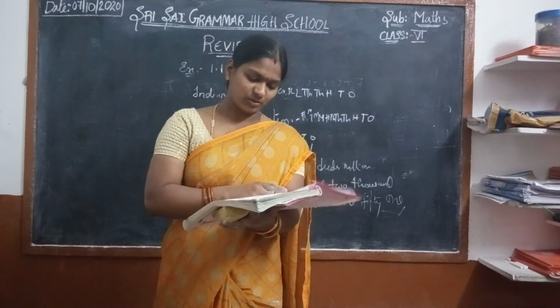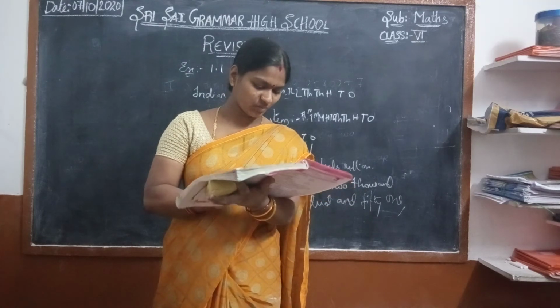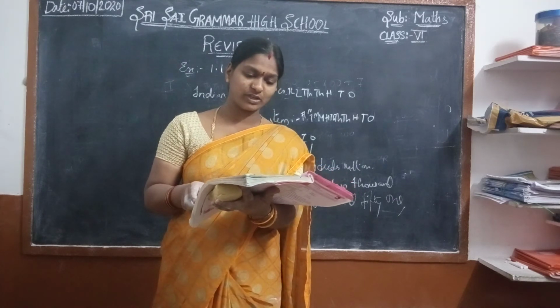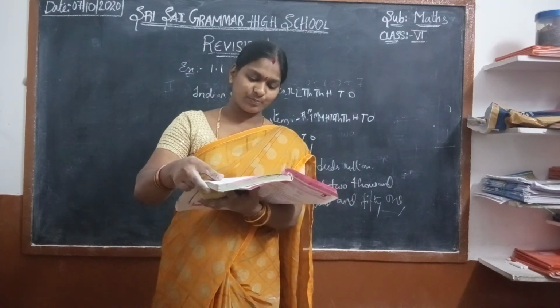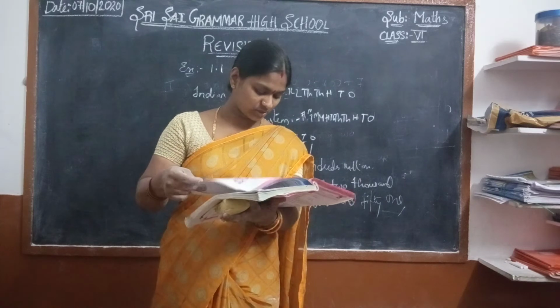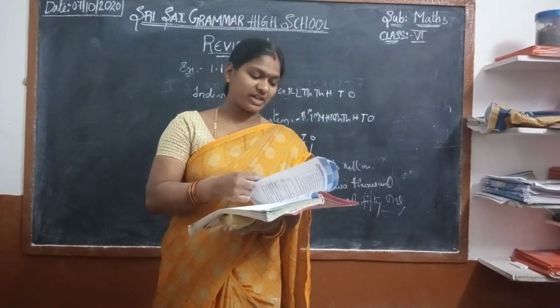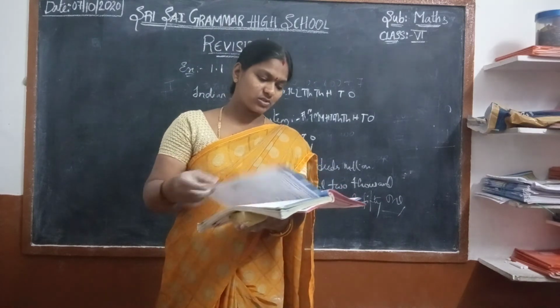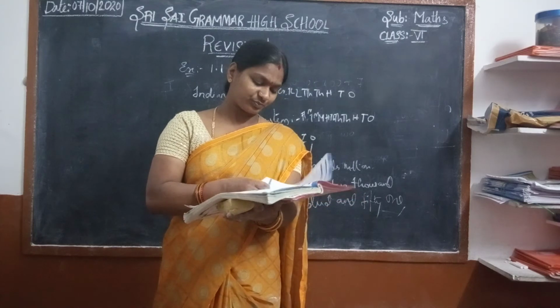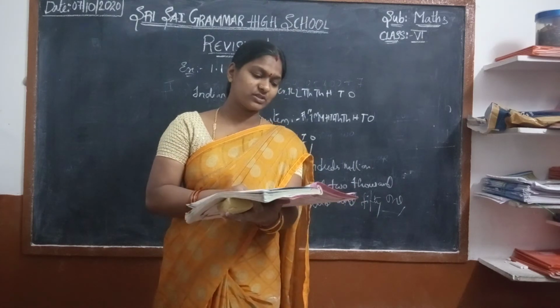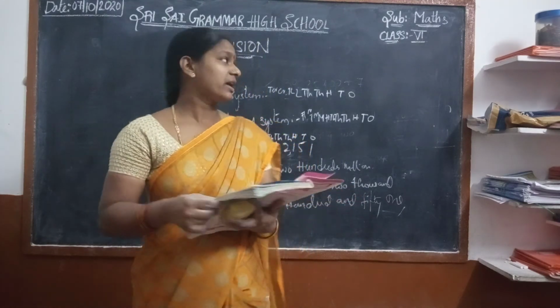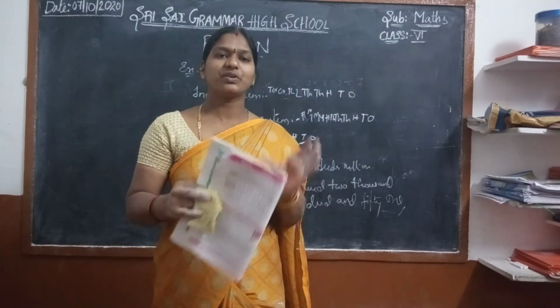Now coming to 1.5, no need for 1.5 now. Here are some word problems. Word problems will be explained tomorrow. This is the revision of the first chapter. Everyone learn it, everyone practice.